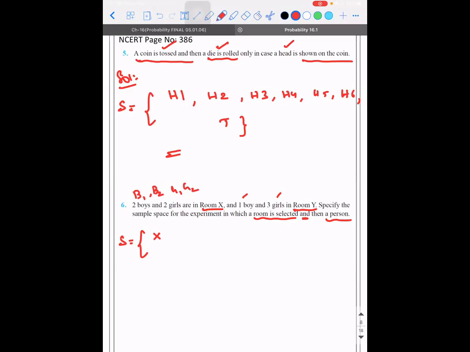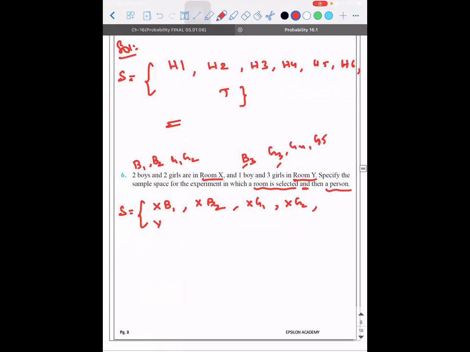Let me take it like this: X boy 1, X boy 2, X girl 1, X girl 2. Here let me call this boy B3 and these girls G3, G4, G5.